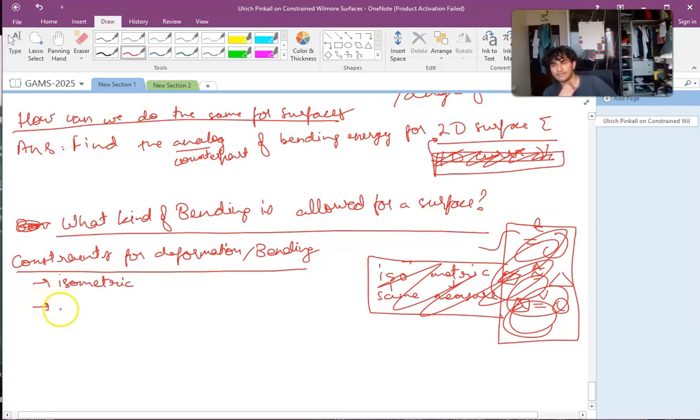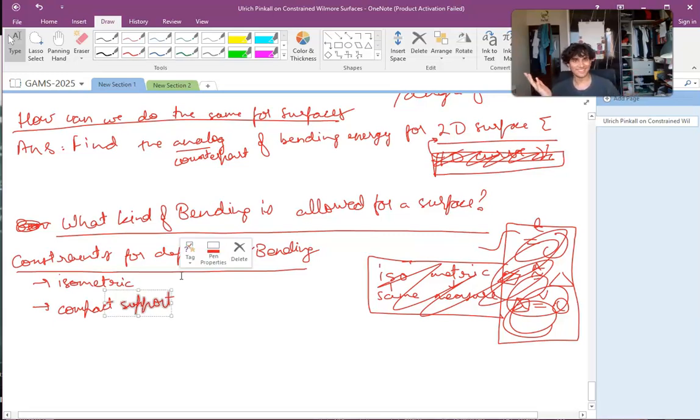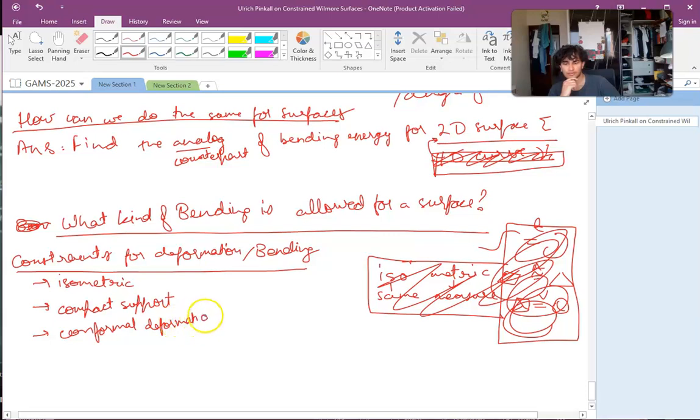Second, as you've guessed, we need compact support. And now you're probably going to wonder, is this enough conditions on our kind of deformation? And the answer is no, because it turns out the next constraint you need to put is conformal deformations.